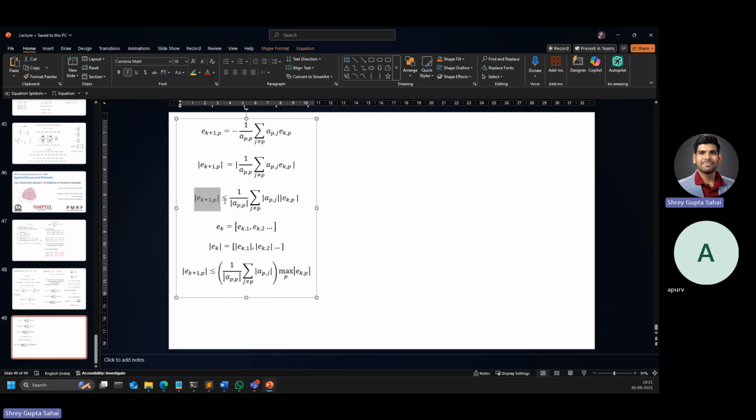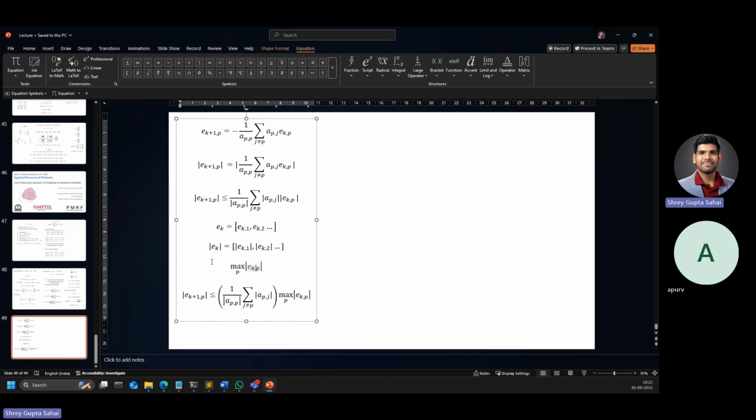Suppose I want to find what is the maximum component of this vector. I take maximum on both sides. I'll take the highest component, the largest component of the vectors on both sides. So then same thing, and then you write this part of it.